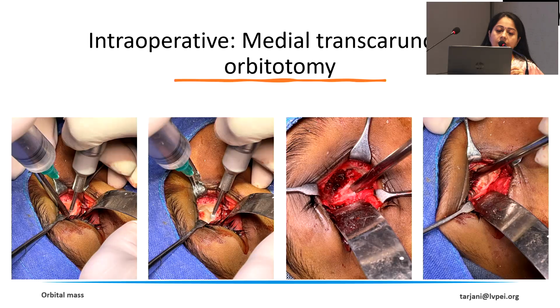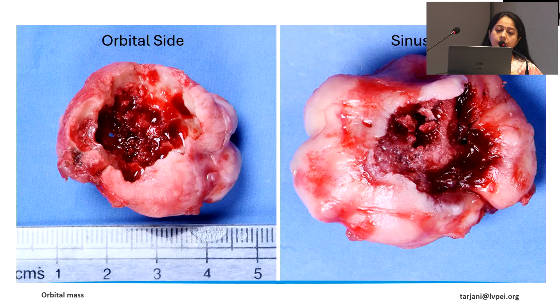And these are few intraoperative shots. Once we exposed the tumor, I had to use a drill to drill into the sclerotic part of the tumor, which I showed you earlier, within which was the more lytic component, which is easier to remove. And I could completely remove the tumor through the transcaruncular approach.